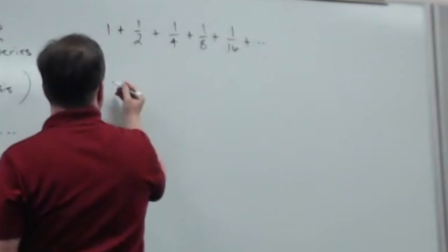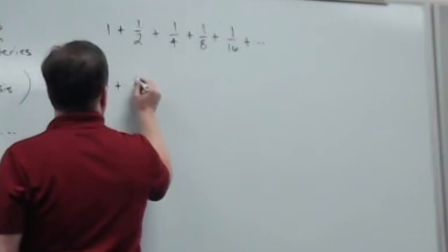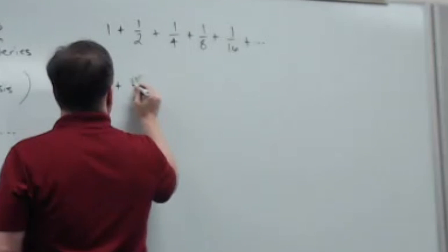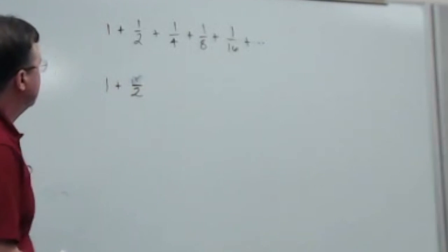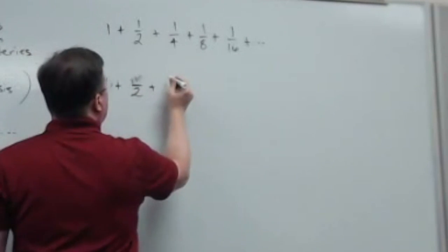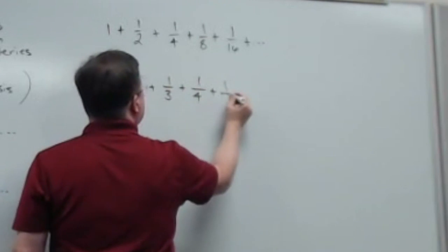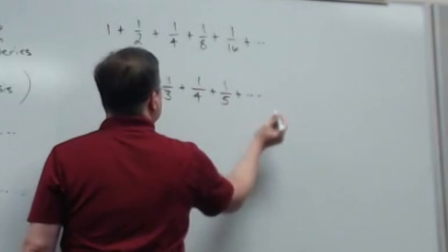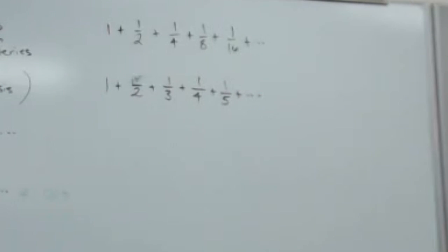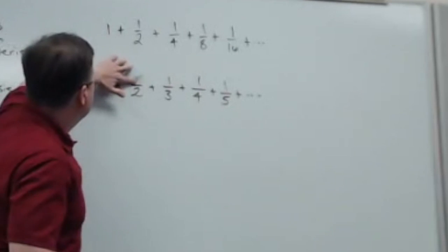Another interesting series is this one. Starts off the same, but the pattern is different. What's the term that comes after this one? Yeah. This one is another interesting one.